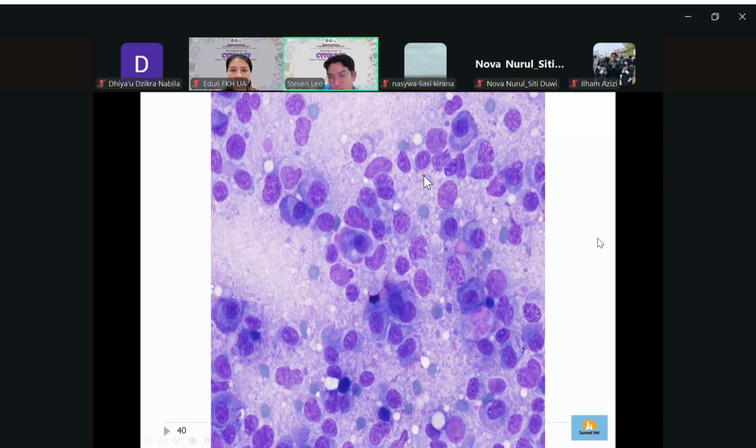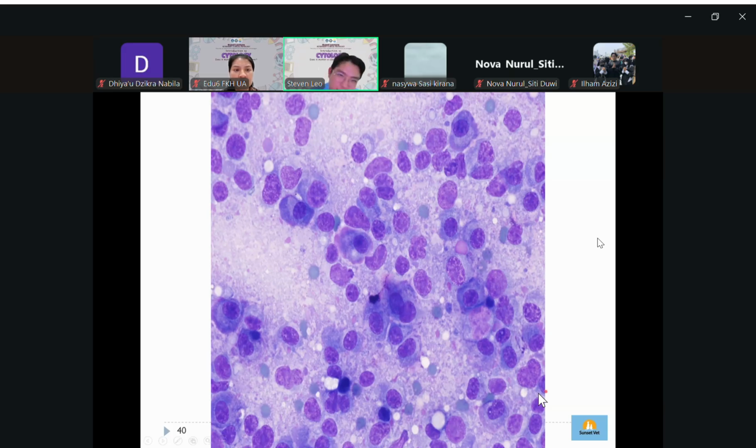Which part of the vacuoles do you see? Because the cytoplasm is clear, there are no vacuoles, there are no granules. And the nucleus goes eccentric, and there are flame cells here. This is typically plasmacytoma. This is the flame cells.